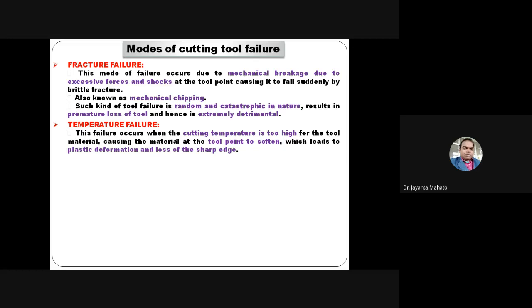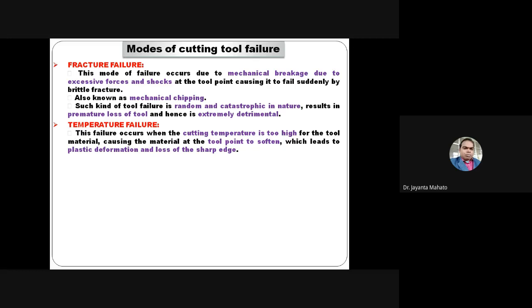This high temperature softens the tool point, at the nose radius or the tip of the tool. As the temperature increases, the material gets softened. This is the general convention. The material behaves like a soft material.